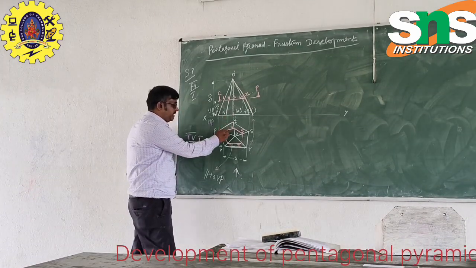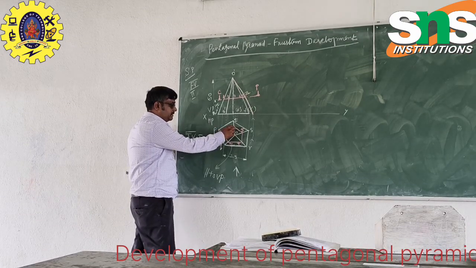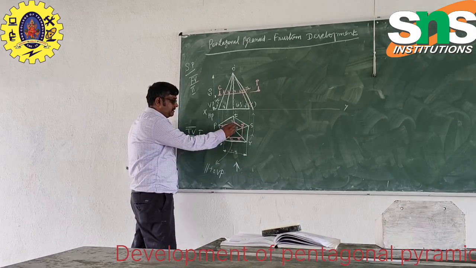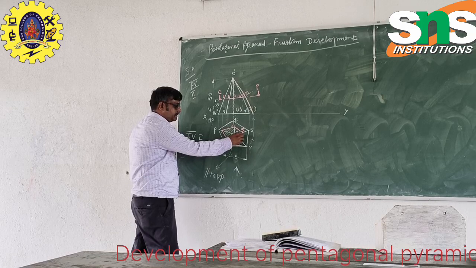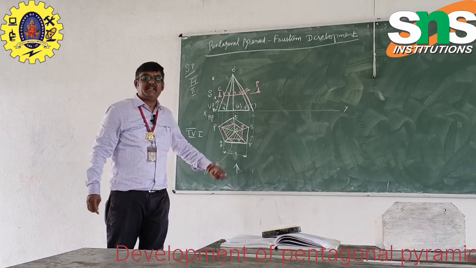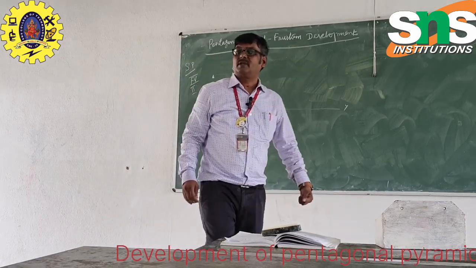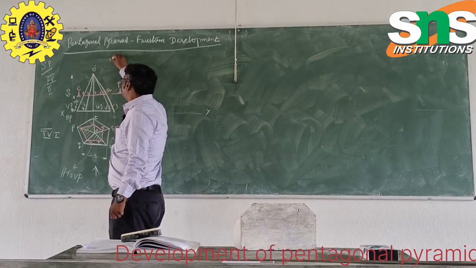So I have chosen 45 degrees. The 45 degree inclination line, one line to another line, 2 to 3 millimeter gap is maintained. So this is the sectional top view. If you complete till this, they will award 10 marks.